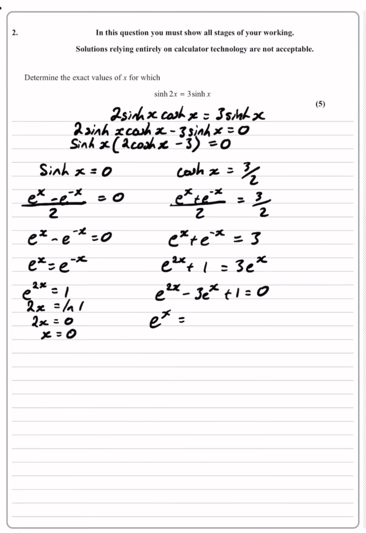So e to the x will be equal to 3 plus or minus the square root of negative 3 squared, subtract 4 times 1, over 2 lots of 1. That's the quadratic equation formula there. So e to the x is going to be 3 plus or minus root 5 over 2.